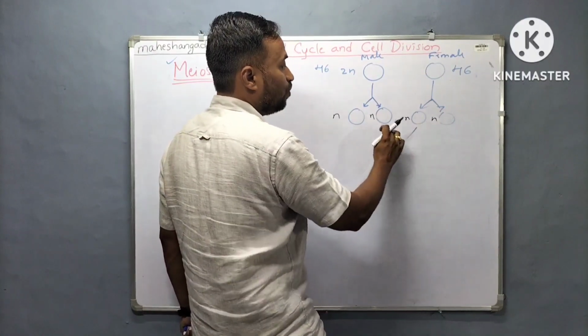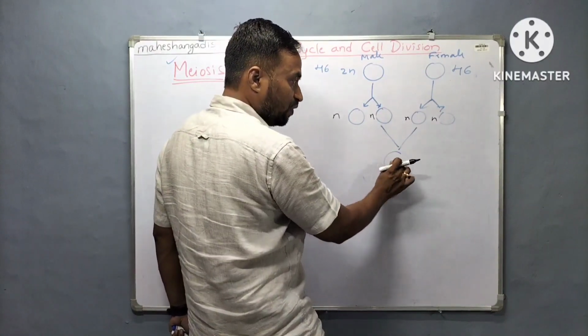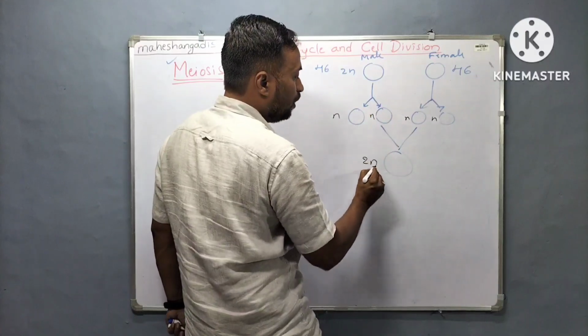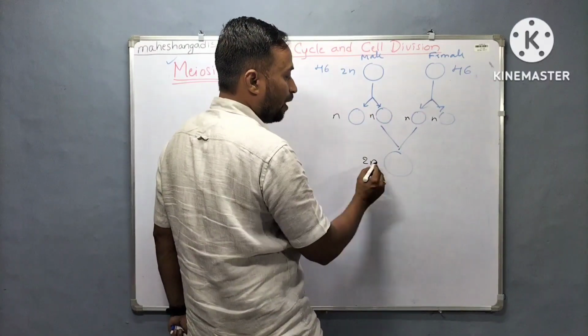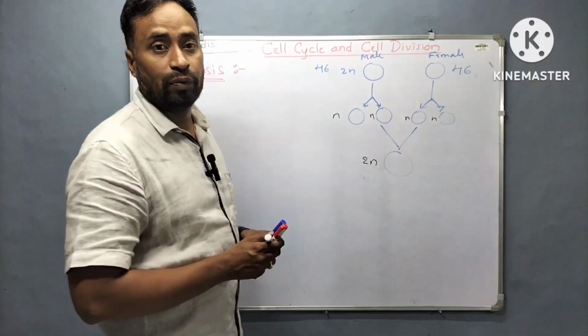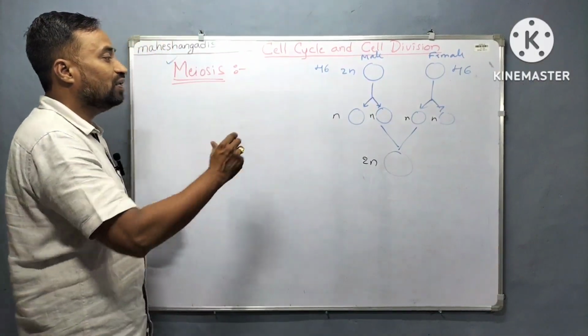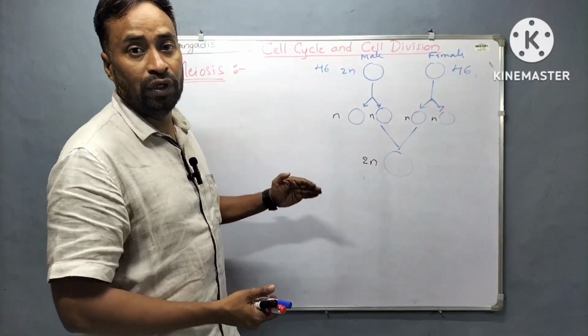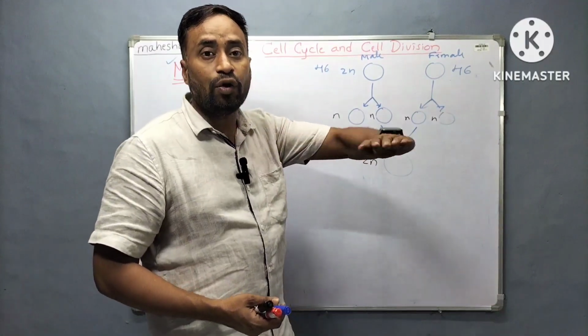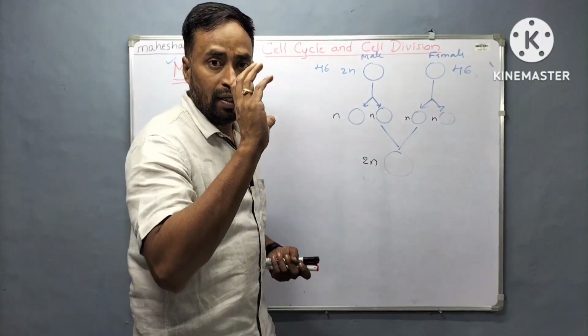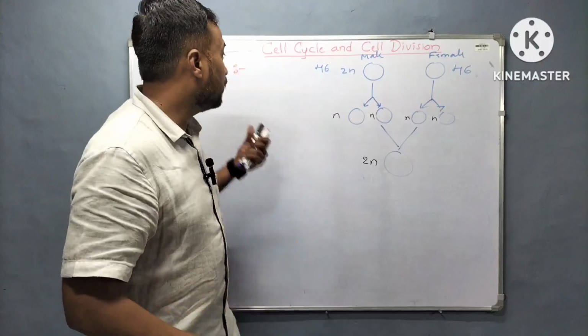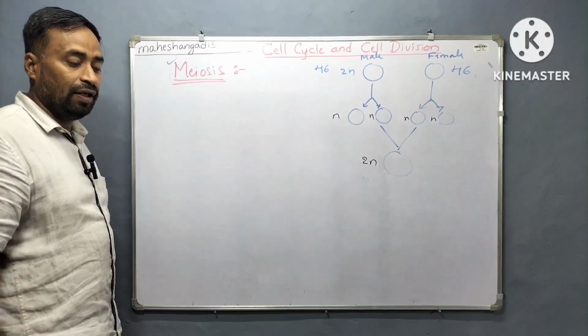So in such a case, the progeny is going to have a diploid set of chromosomes. This is how meiosis helps to maintain a constant chromosome number in a specific species. That is why it is a very essential process.